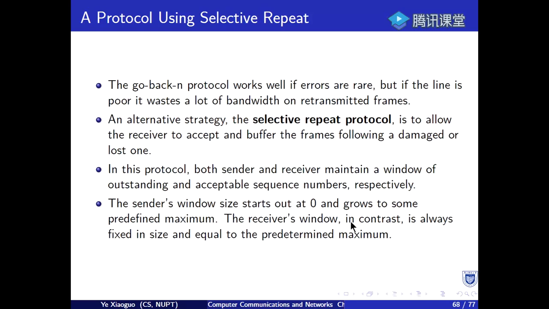The go-back-N protocol works well if errors are rare. That means the channel has a very low error rate. But if the line is poor, it wastes a lot of bandwidth on retransmitted frames.